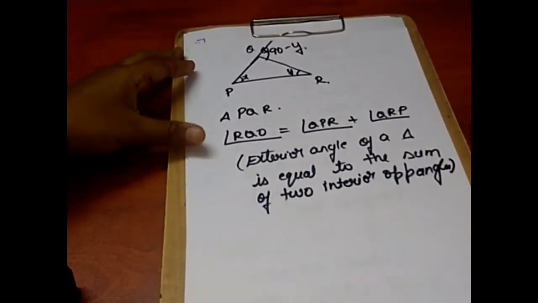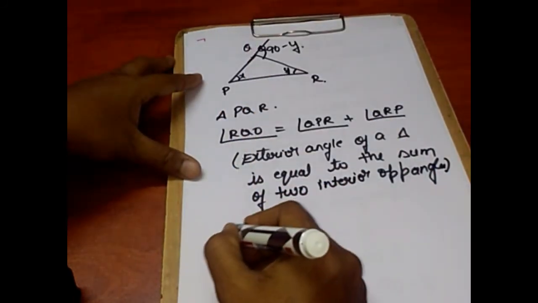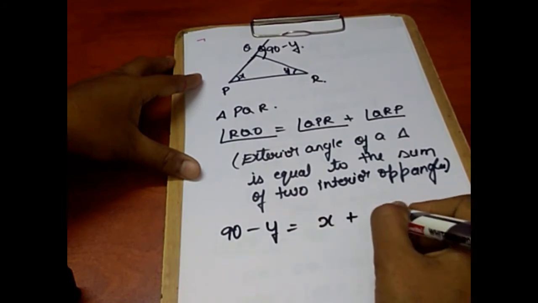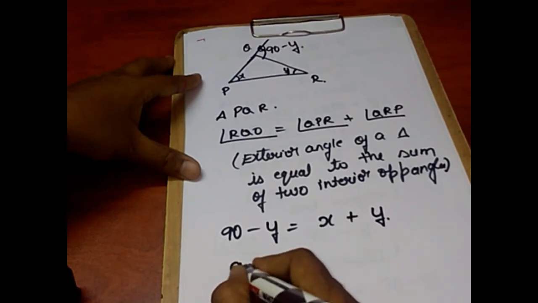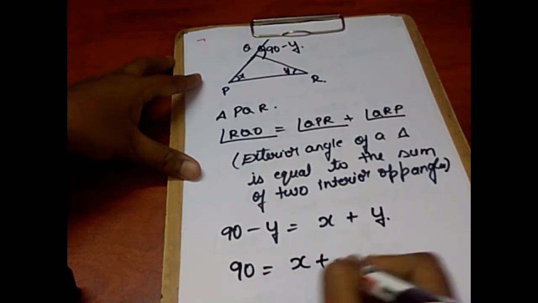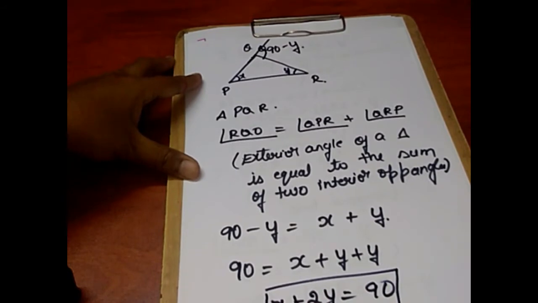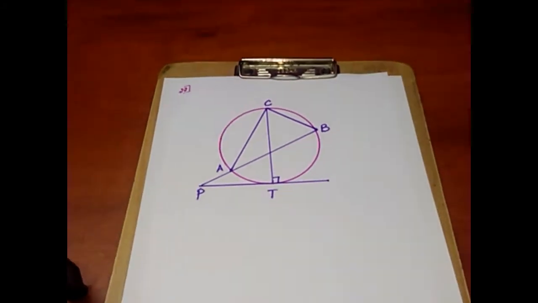Now, from the diagram, we know that angle RQO is 90 minus Y, QPR is X, and QRP is Y. Hence, I can write 90 is equal to X plus Y, that is X plus 2Y is equal to 90 degree. Now we have framed an equation or an expression.